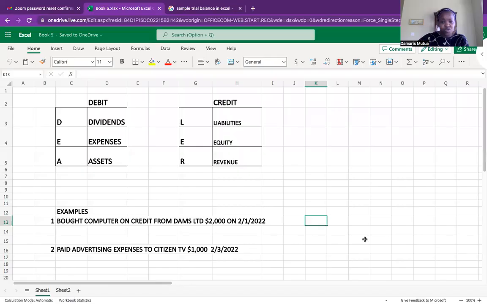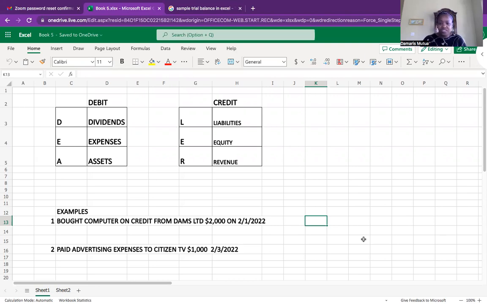So I want to show you a very easy way of remembering. And if you're able to remember this, guys, it's like you've learned how to do journals. Like you were 90% comfortable with doing journals. So today I'm going to be showing you something I call dealer, where you know which account do I debit, which account do I credit.